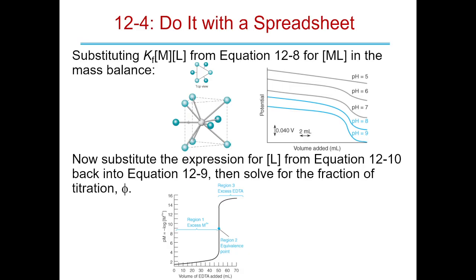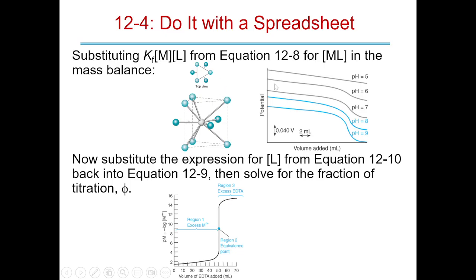So if you substitute Kf times the metal concentration times the ligand concentration, from your equation 12.8, for the bound complex concentration in your mass balance. And this is just what complexes look like, by the way, right here.